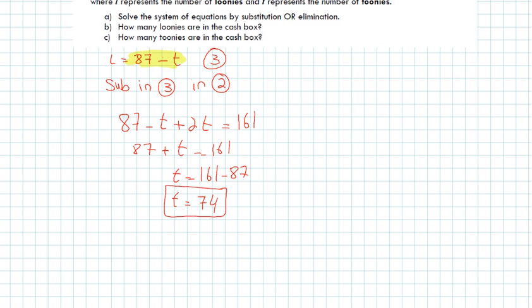Because I know L. So that means I have 74 toonies and 13 loonies, right? So what I did is I plugged in T here so I can find the value of L.